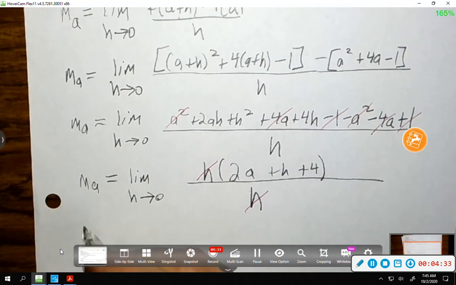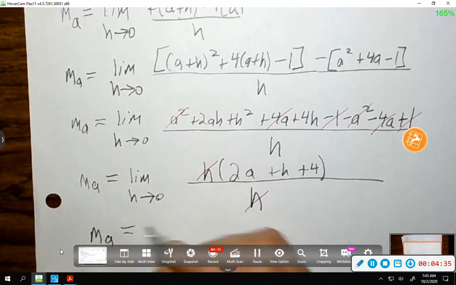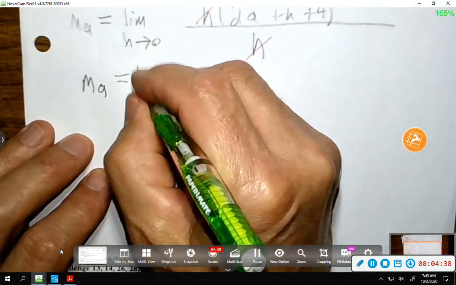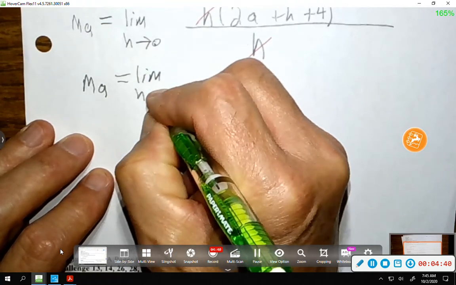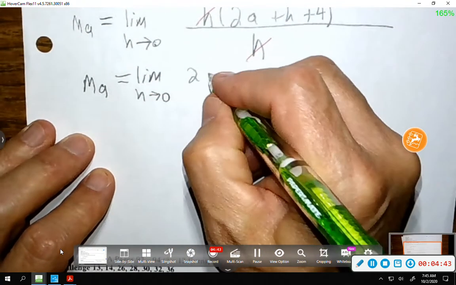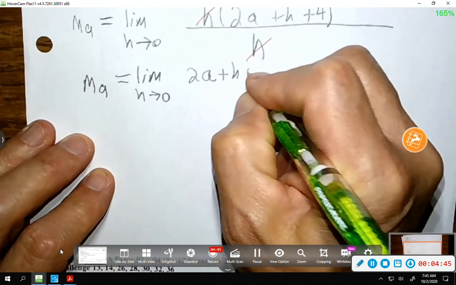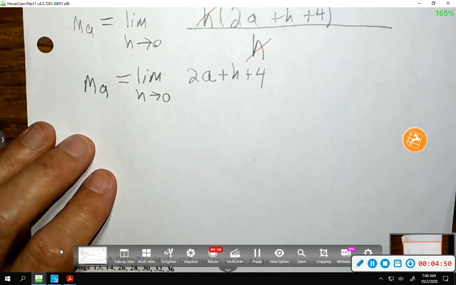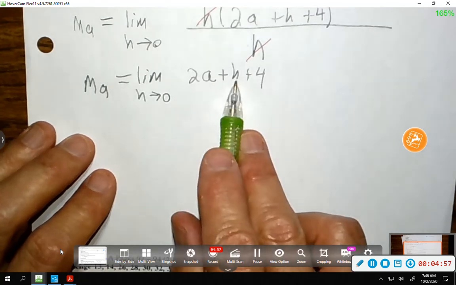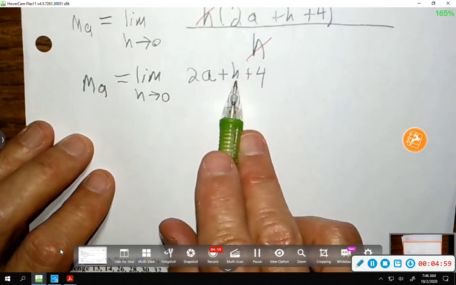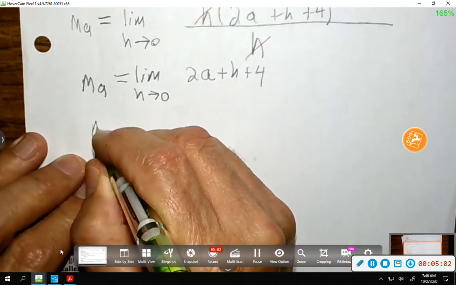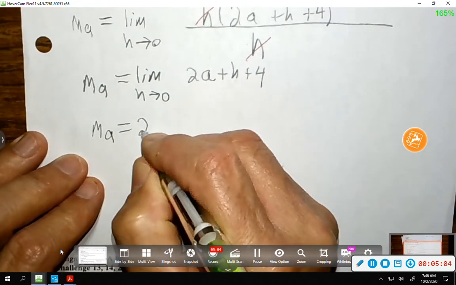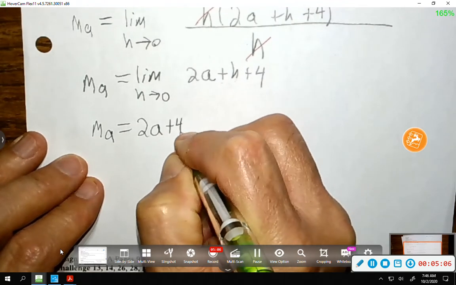Now I have that h canceled from the denominator, and I'm left with 2a plus h plus 4. Once I cancel that h from the denominator, now I can take the limit by substituting in 0 for h. If I plug in 0 right here, I get 2a plus 0 plus 4, which is 2a plus 4.